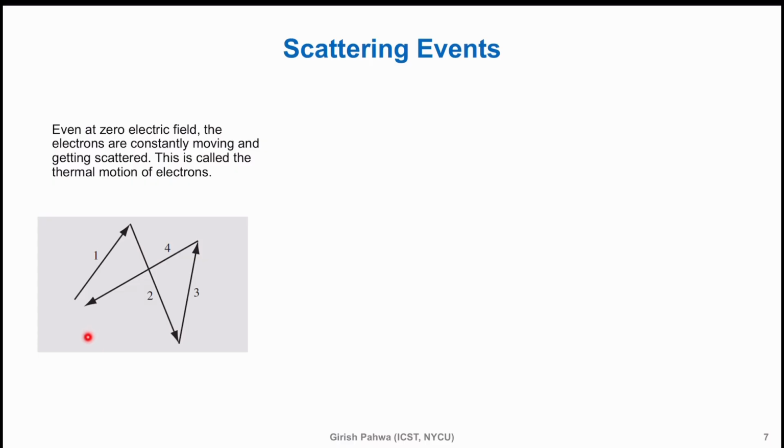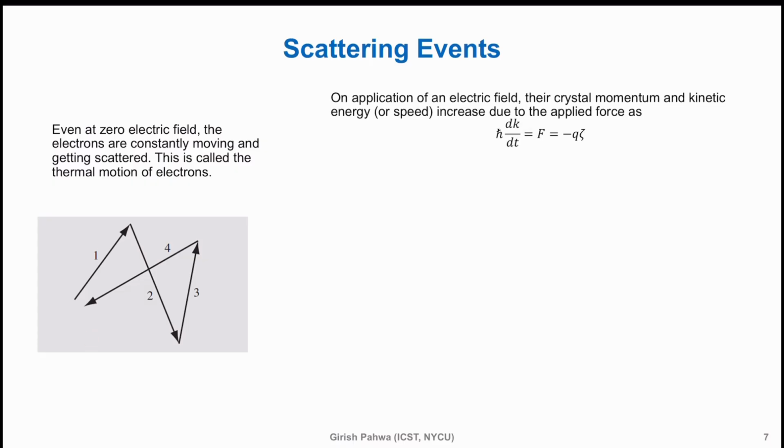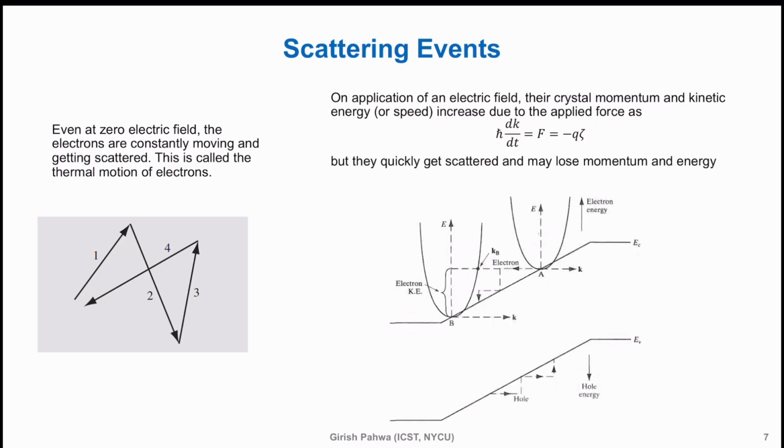What happens in the energy band diagram then? Whatever we saw, what happens to that picture? We know that when we apply the electric field, of course my K vector evolves using Newton's law, and we then drew these energy band diagrams. So potential energy is decreasing, and we assume that the kinetic energy should increase.